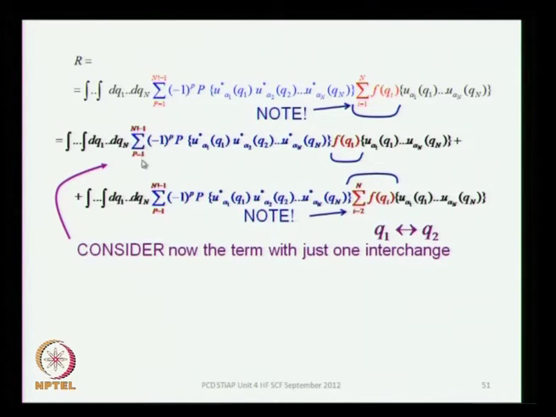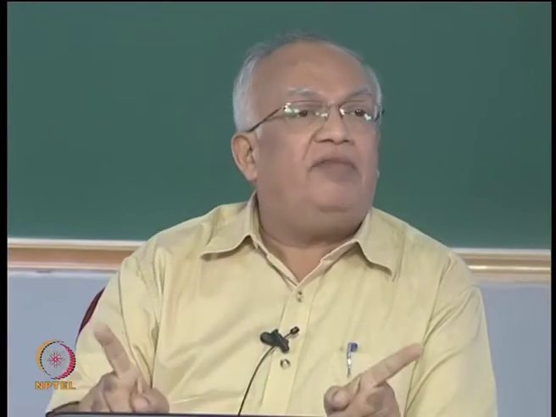This is a summation of all the permutations. In the original Slater determinant you have got factorial n permutations, but we have separated the identity term. It is only after the separation of the identity that we had a remainder at all, okay. So whatever you have under the factorial n minus 1 permutations does not have the identity, and therefore it has at least one interchange.